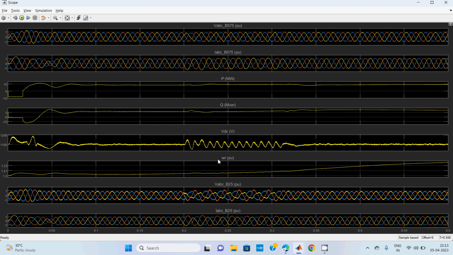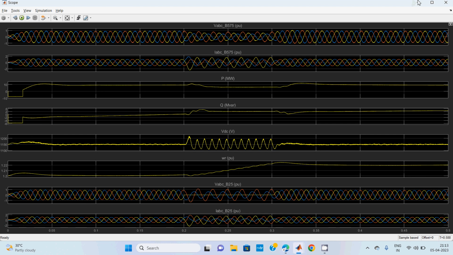But here also we have DC voltage oscillations in the period of 0.2 to 0.3. For this purpose, in order to stabilize these oscillations of the DC capacitor, I am using a PSO algorithm based PI controller, a PI tuning controller.